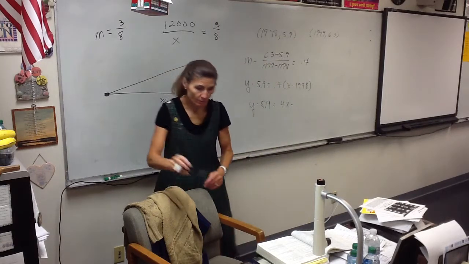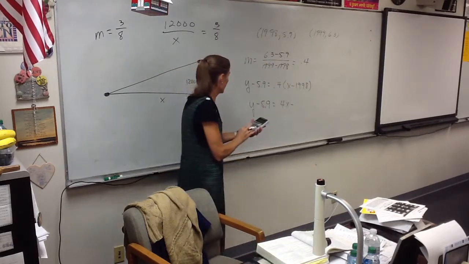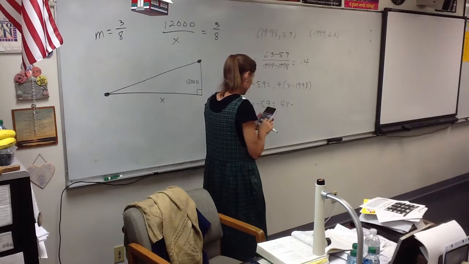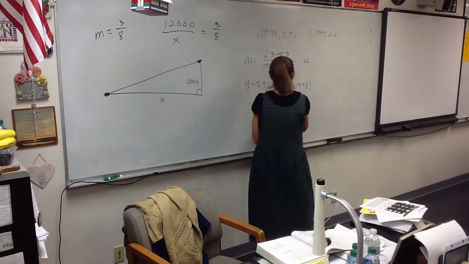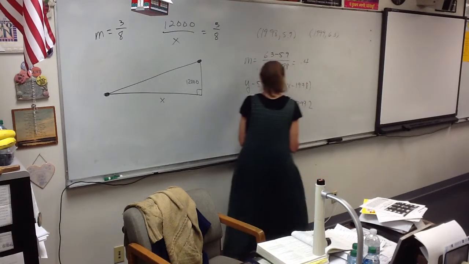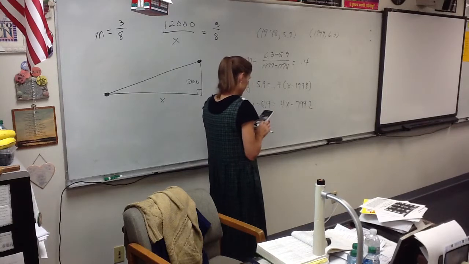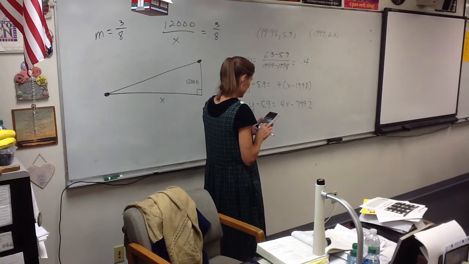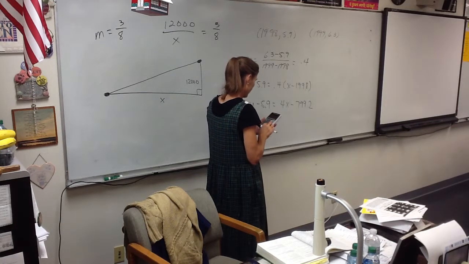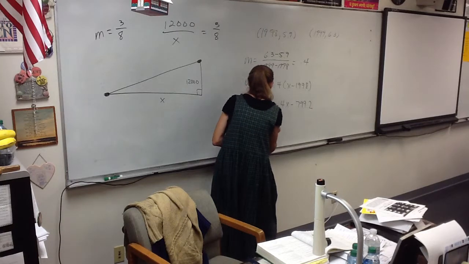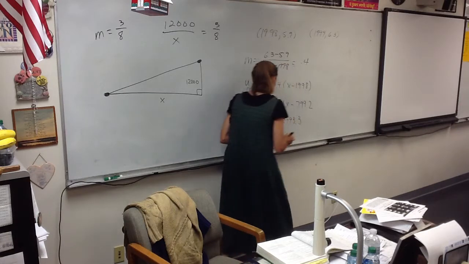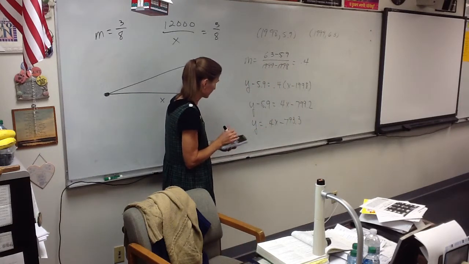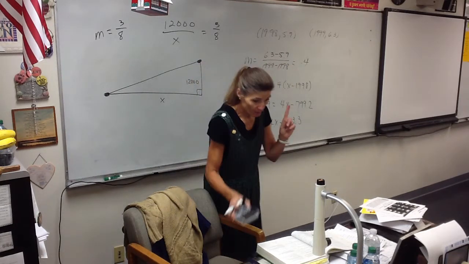Use my calculator here to help me out. 799.2. So y equals 0.4x minus 793.2. Is that what you had, Megan, for your equation? Yeah. Okay. So that's part A.